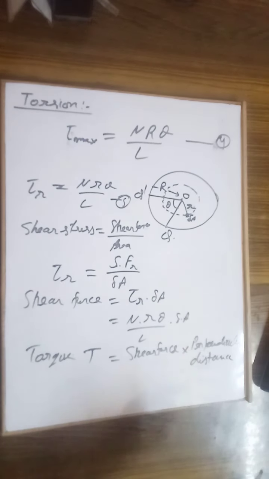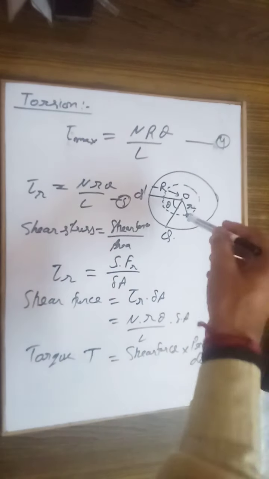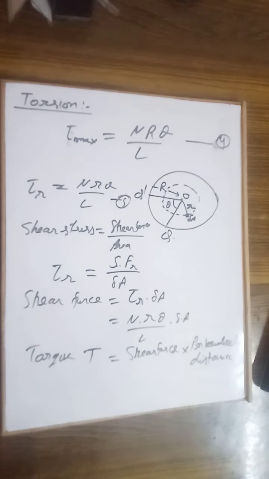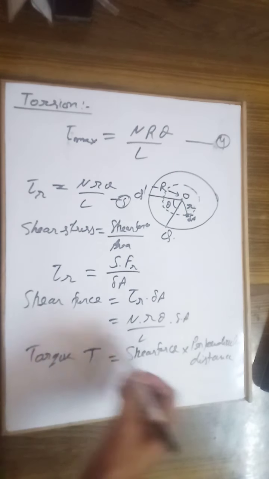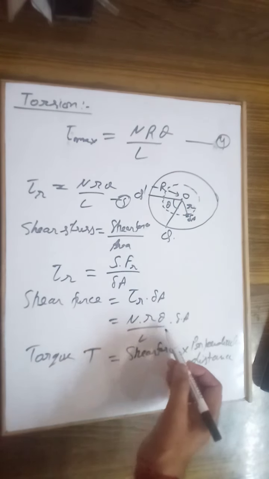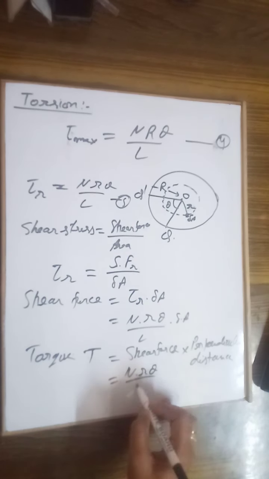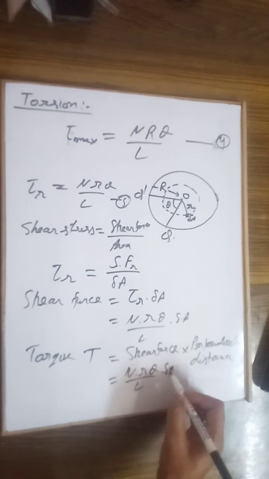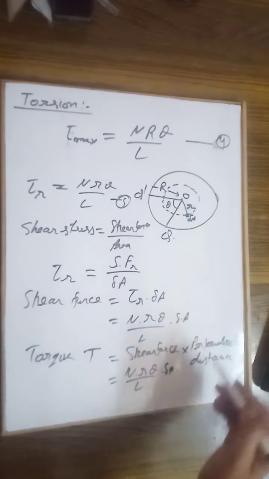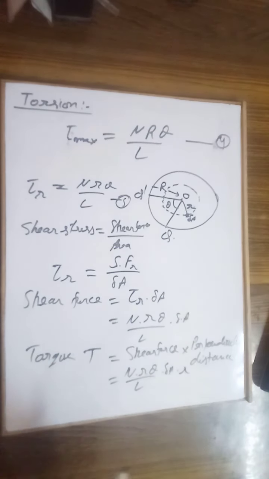So what is the perpendicular distance? That is simply r. If we put the value of the shear force from this equation, we can put n r theta upon L delta A into again this distance r, the perpendicular distance from the centroidal axis or the neutral axis.